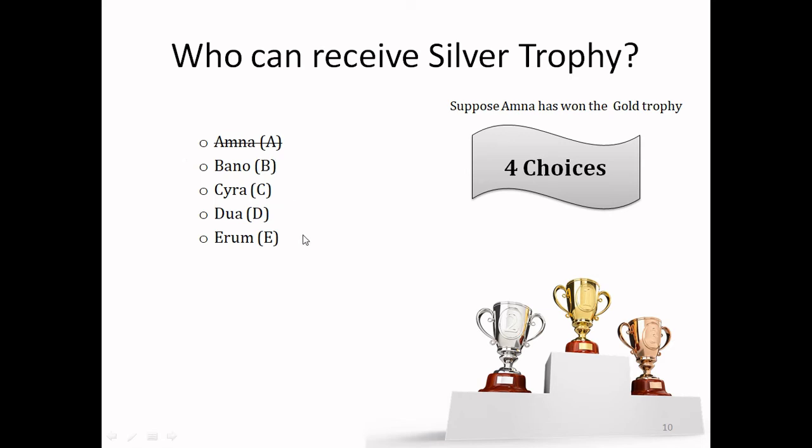So to decide who will win the silver trophy, we are left with 4 choices: Banu, Saira, Dua and Iram. It doesn't matter whether Amna has won the gold trophy or Banu has won the gold trophy. We are only interested to know how many choices will be left if one person receives the gold trophy.